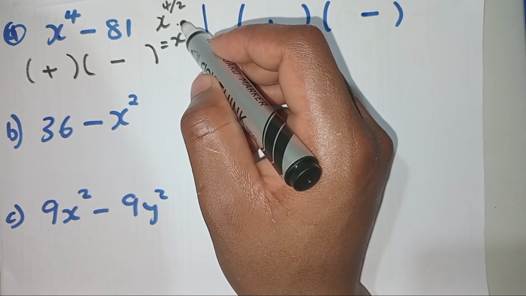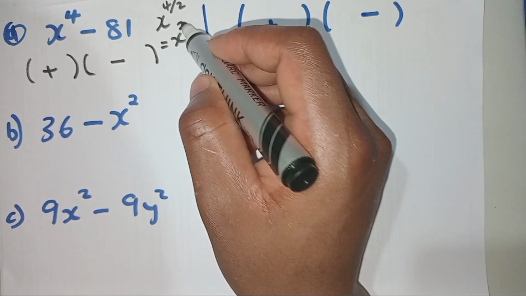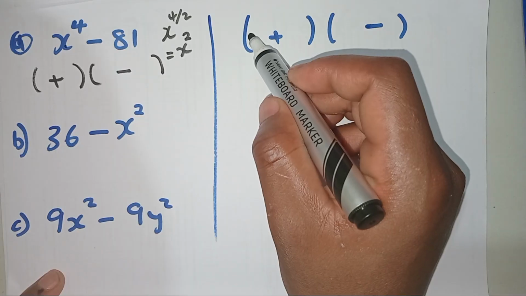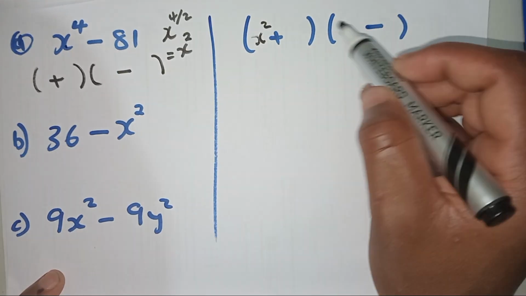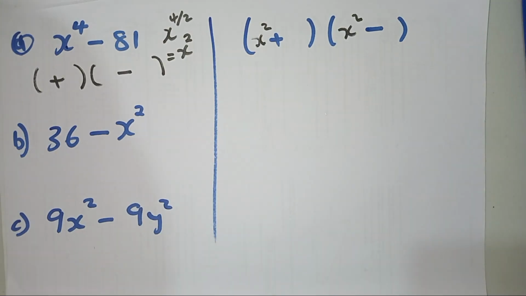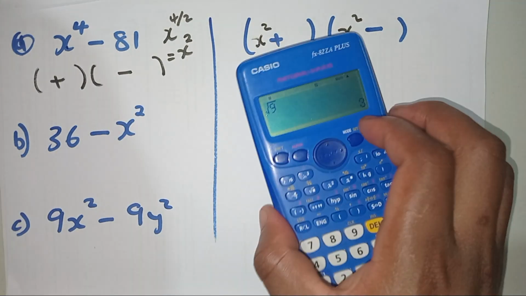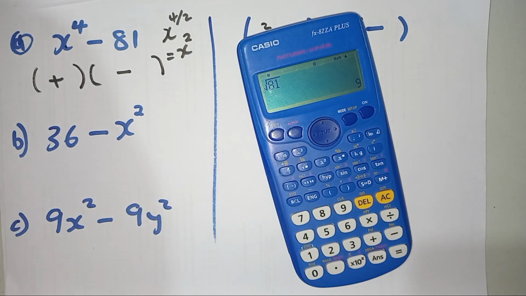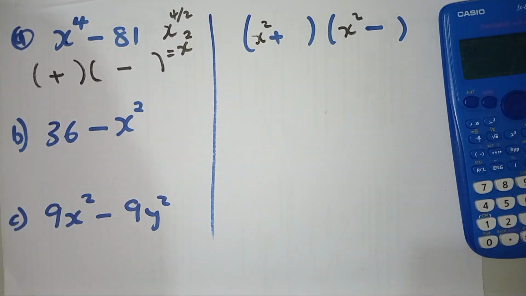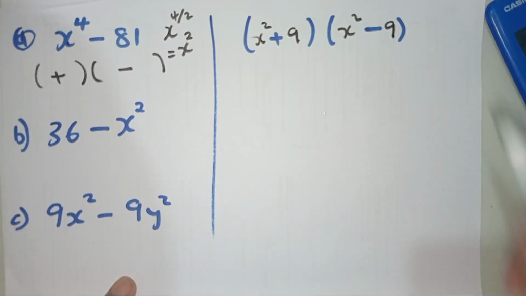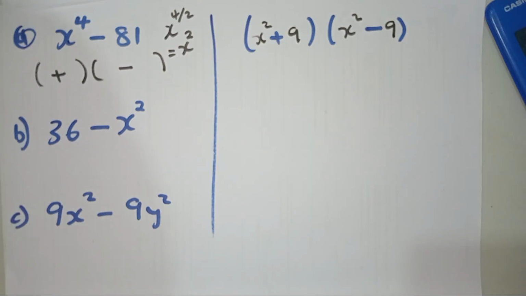These are the exponents: 4 divided by 2 is 2, so x exponent 2. Now you write the answer here, x exponent 2, x exponent 2. Those are the positive. So you go for the 81. The square root of 81 is 9. You write 9 here, and then you write 9 here. Now we are good to go.